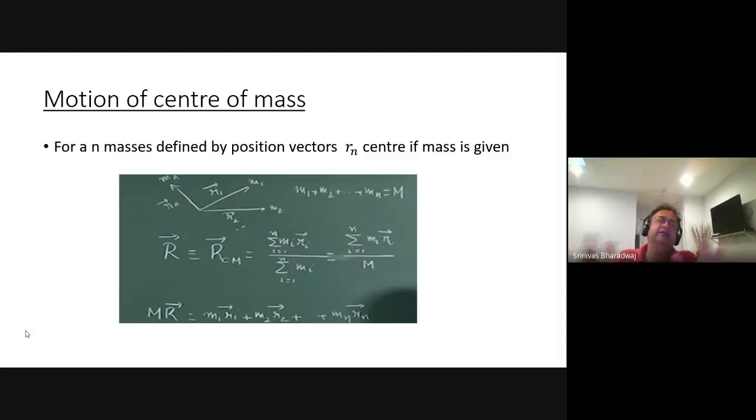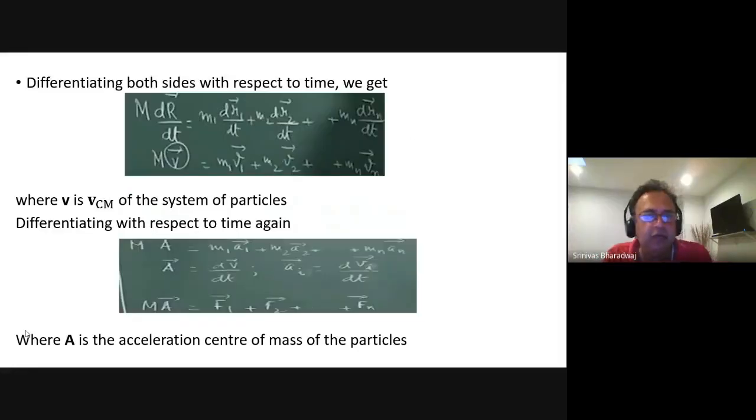That's the whole idea in this motion of center of mass. It is an application of Newton's first law and Newton's second law into the idea of collisions, of this theory of collisions. It is a vector equation. It is a follow-on of the ideas you learned in kinematics and dynamics. So that's how you should understand this. So M v equals m1 v1 plus m2 v2 plus m3 v3 dot dot m_n v_n.